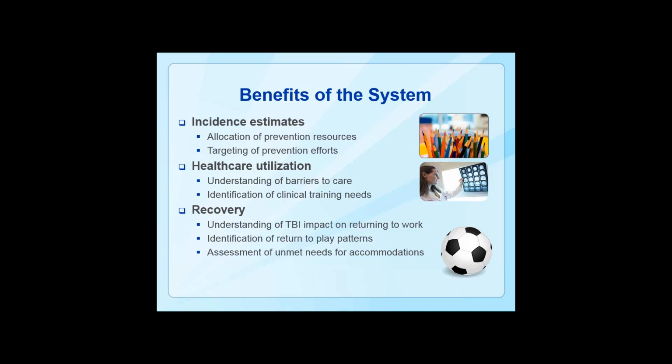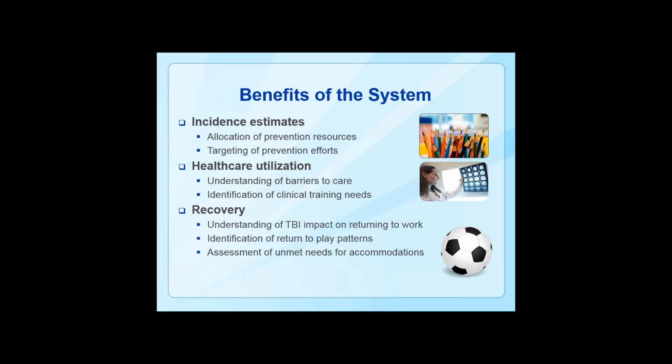Additionally, we will be able to provide national incidence estimates of sports-related concussions in youth, including youth who are not yet in high school. In this same vein, we will be able to compare injuries experienced in school-based or non-school-based organized sports and recreational activities. Also of interest is the ability to examine healthcare utilization patterns.